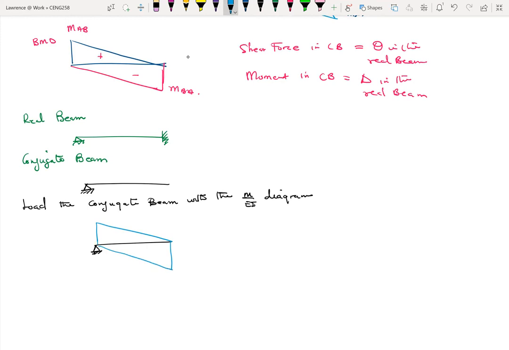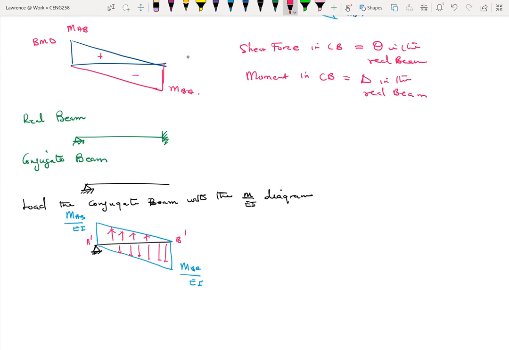So here is MAB over EI, and this is MBA over EI. Okay. The directions, we assume that they all move away, irrespective of whether they are positive or negative. All right, so this is my A prime and my B prime.